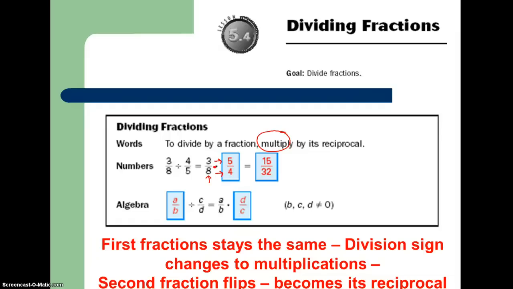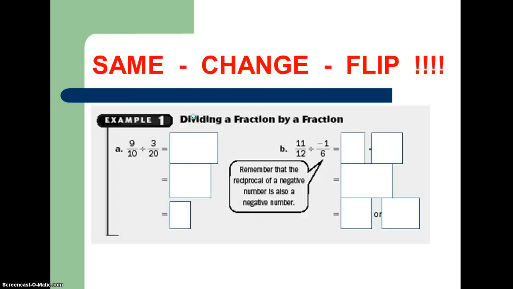You might want to remember that the first fraction stays the same, the division sign changes to multiplication, and the second fraction flips. I also like to say this as same, change, flip. The first fraction stays the same, the division turns to multiplication, and you flip the second fraction.